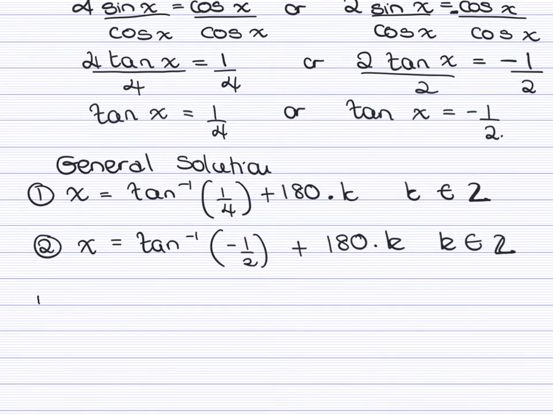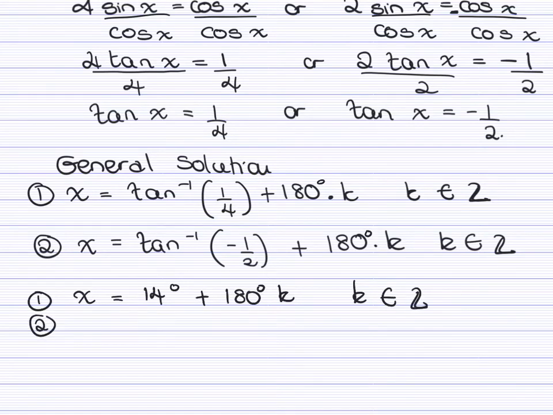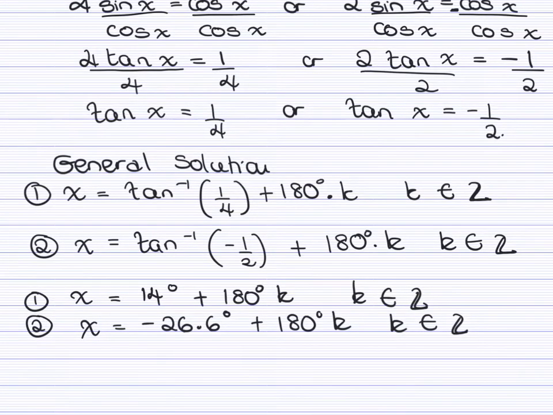We can further simplify both equation 1 and equation 2 so that we have 14 degrees plus 180 k. Okay, so don't forget your degree signs there. K being an integer. Then for equation 2, this becomes minus 26.6 degrees plus 180 k, k being an integer.